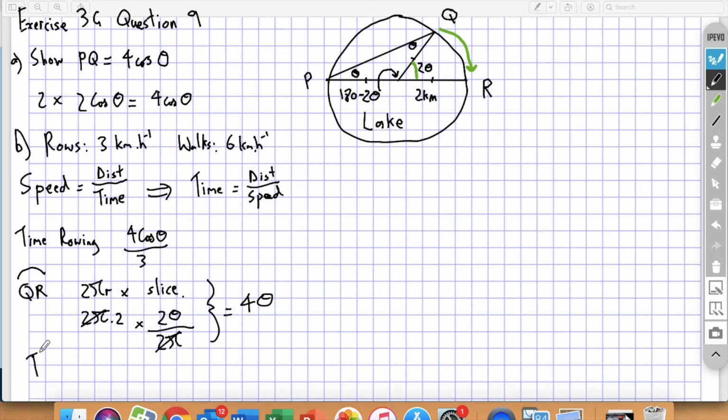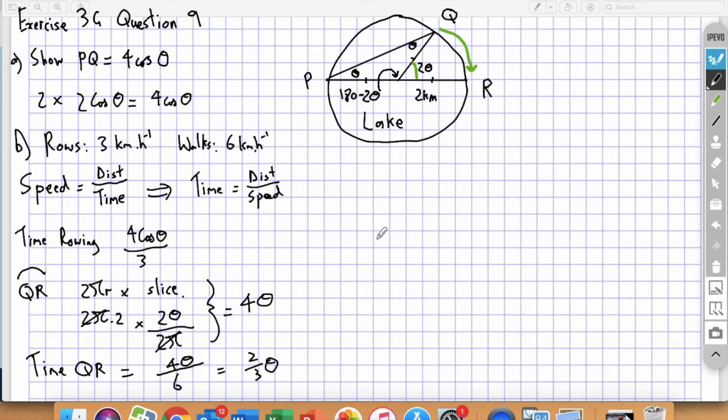The time to do Q and R would be the distance, 4 theta, divided by the speed 6, and that equals 2/3 theta.